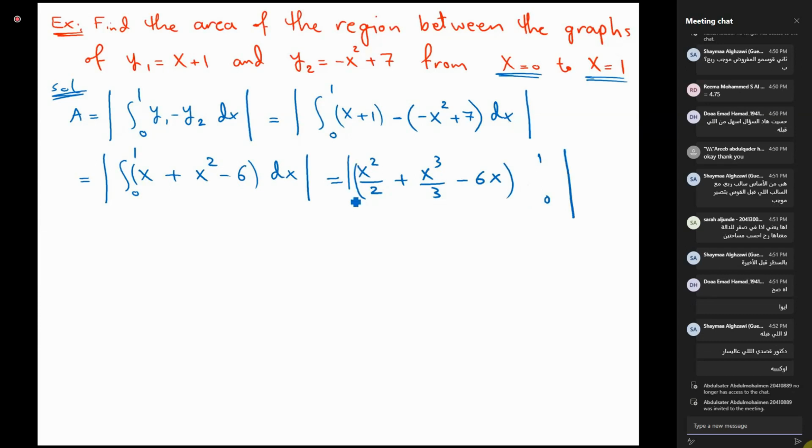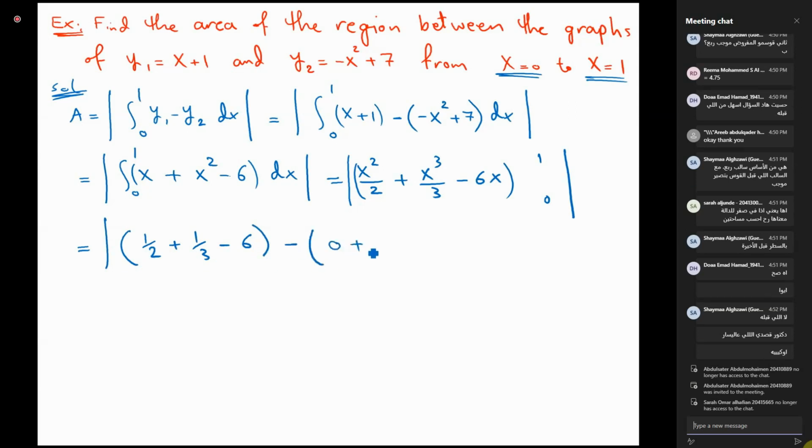Okay, this equals, substitute 1: 1 over 2 plus 1 over 3 minus 6, minus substitute 0: 0 plus 0 minus 0. So we have 1 over 2 plus 1 over 3, which is 3 plus 2 over 6, 5 over 6, minus 6.